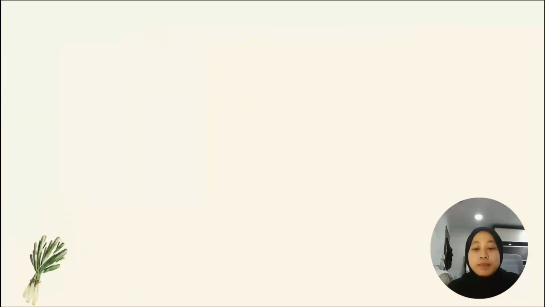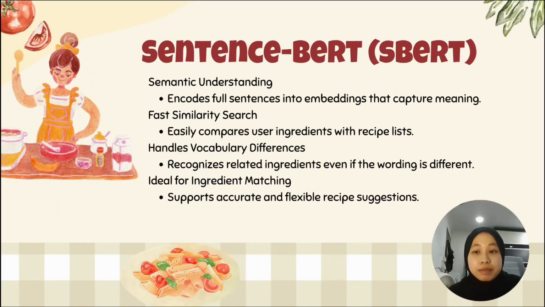Next, I will be talking about Sentence-BERT, or SBERT, which will be used in my project. SBERT is a variation of BERT that creates semantic embeddings for sentences, meaning it understands the meaning behind the text instead of matching only keywords. It allows for similarity comparison because it encodes full sentences into mathematical vectors.